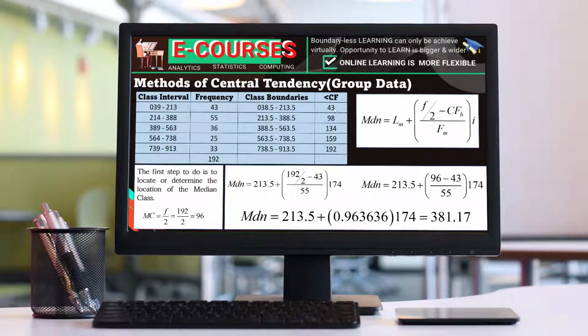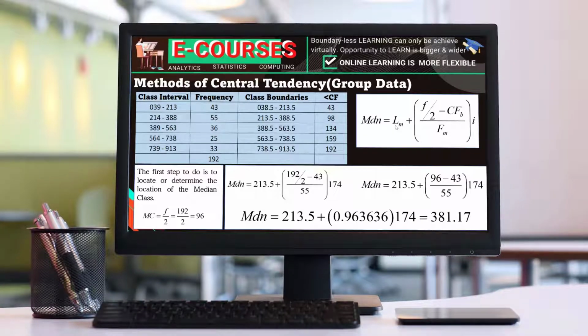To get the LM, we need the class boundaries of the class interval where the median class is located. The median class again is 214 to 388, so we need to get the class boundaries.